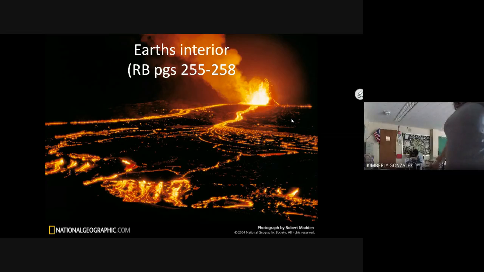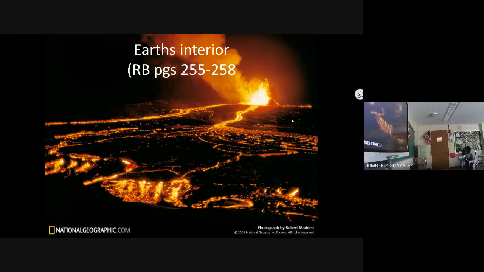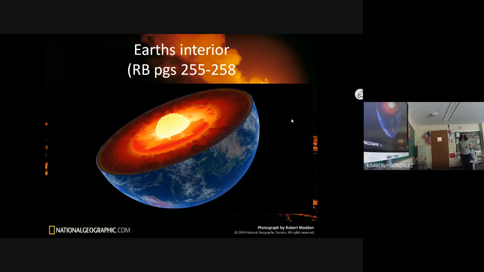So Earth's interior, this is going to be review for you, because it's on the reference table. You've seen this picture before because it's the exact same picture that we used at the beginning of the year.